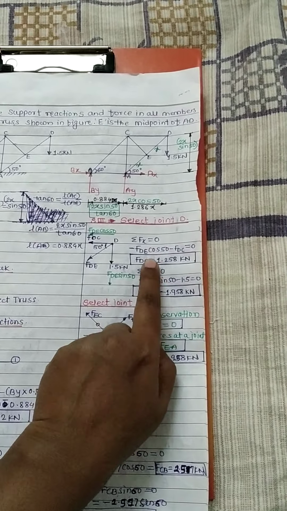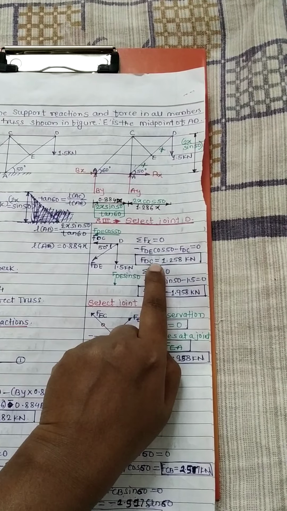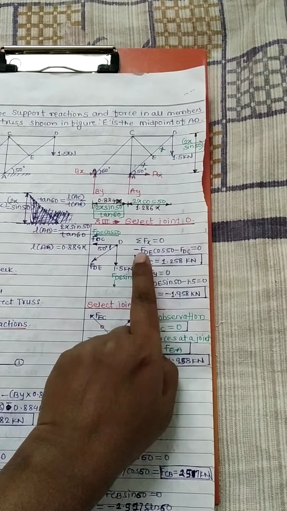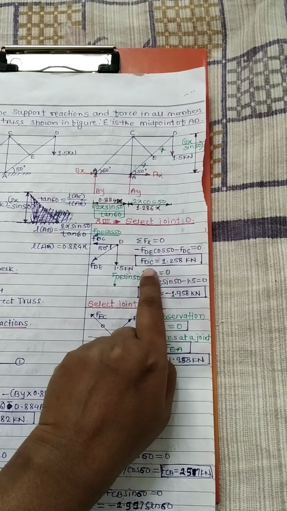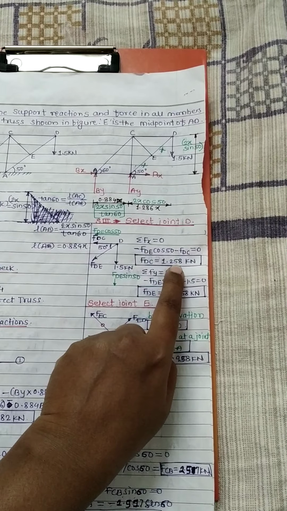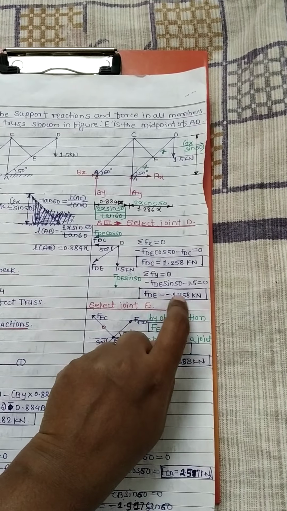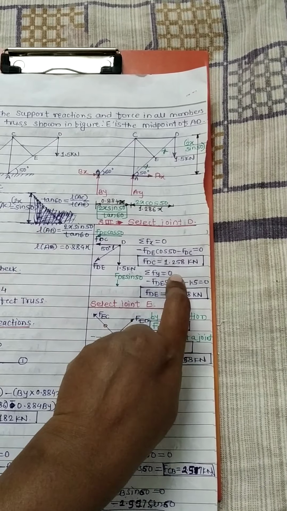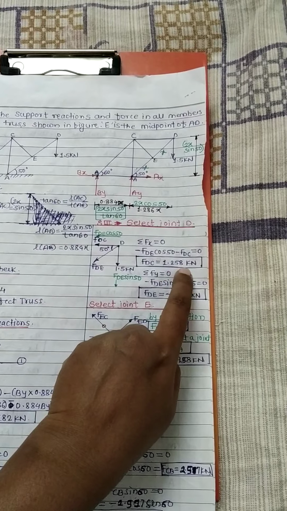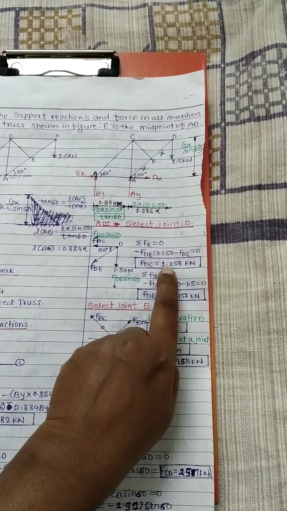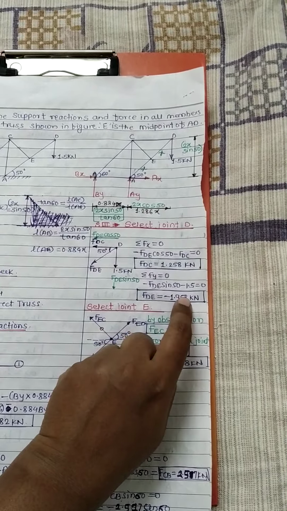Now FDE I have substituted in the equation summation Fx. As minus of this minus becomes plus, the equation will be FDC equals plus 1.958 times cos 50, and that becomes 1.258 kilonewton. Answer positive, it is tension. Answer negative, it is compression.